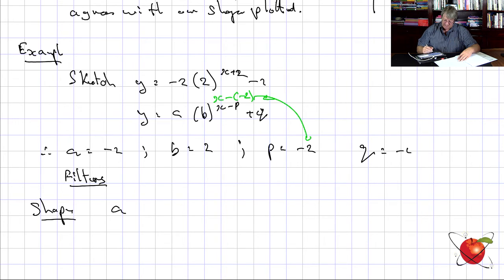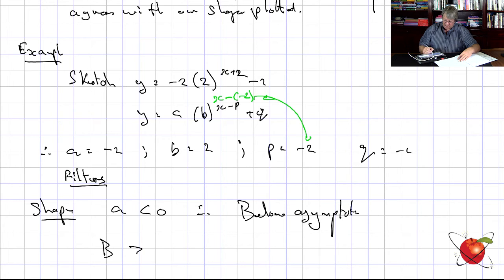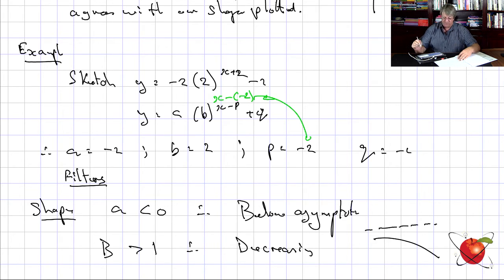A is less than naught, therefore below the asymptote. Okay, and B is greater than 1, therefore decreasing. So it's going to have an asymptote there and a function dipping down like that, isn't it?